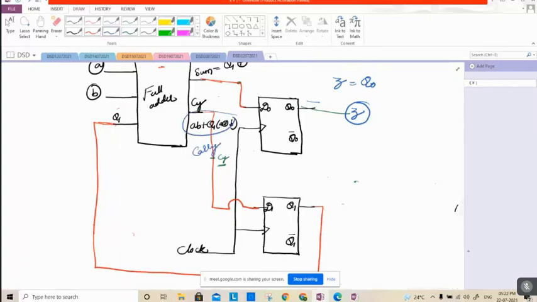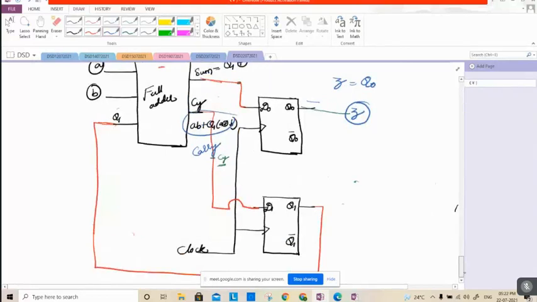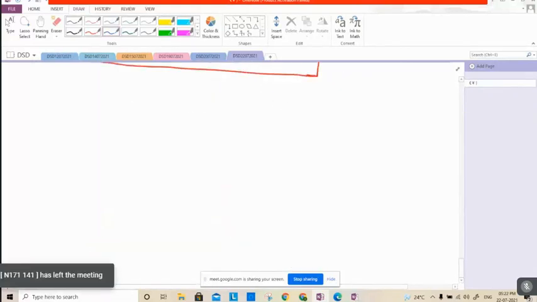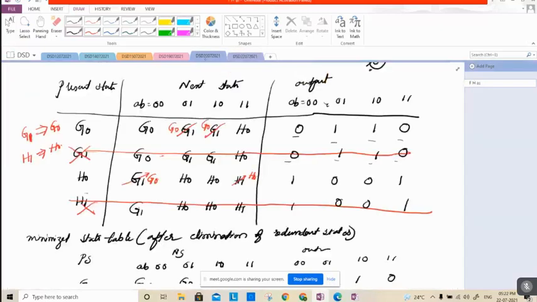Now, what is the basic difference between the problem taken earlier and the problem taken now? Yesterday's solution and today's solution. Output Z: today Z is equal to Q naught, where Q naught is nothing but a state. Yesterday, in yesterday's class, what is the value of Z?